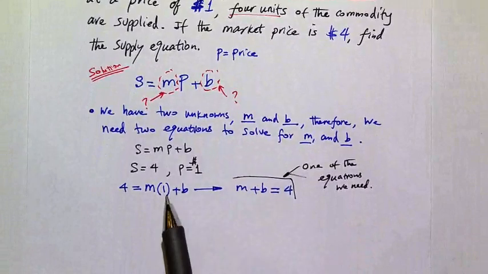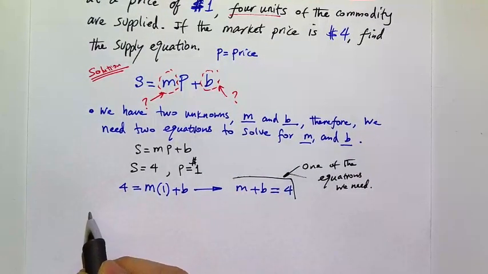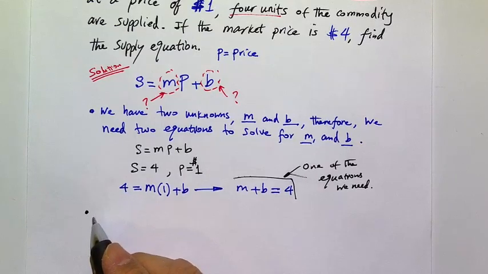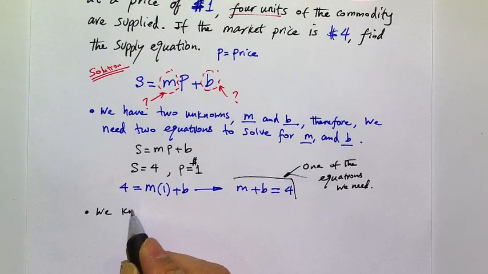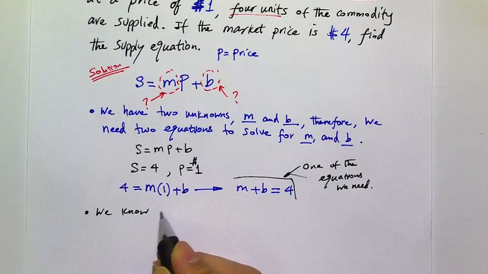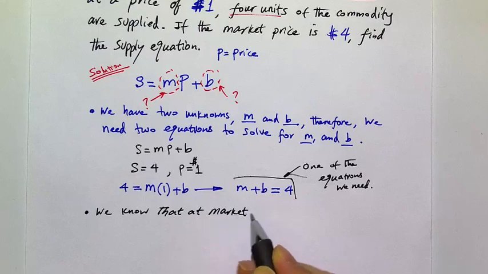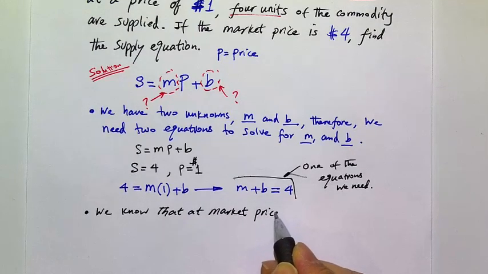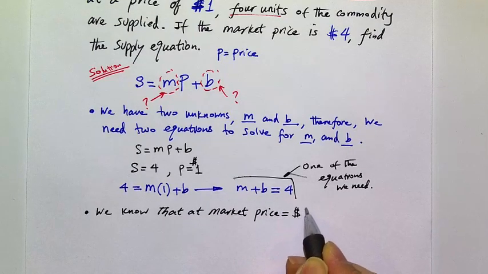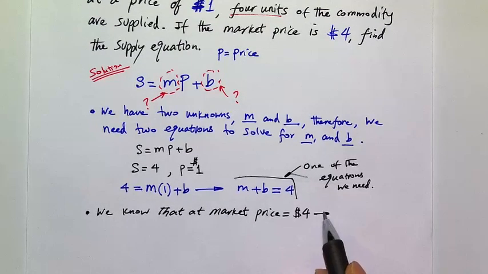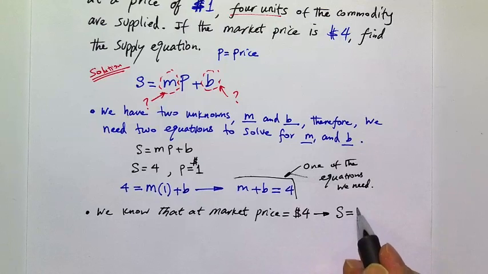So we need to make use of that information. Let me write that down here: at the market price of $4, supply equals demand.